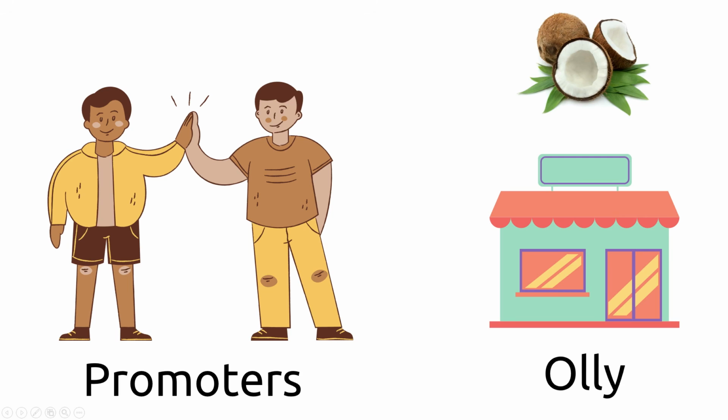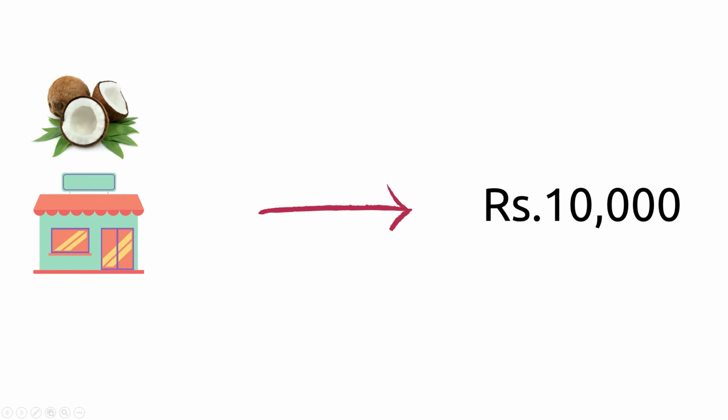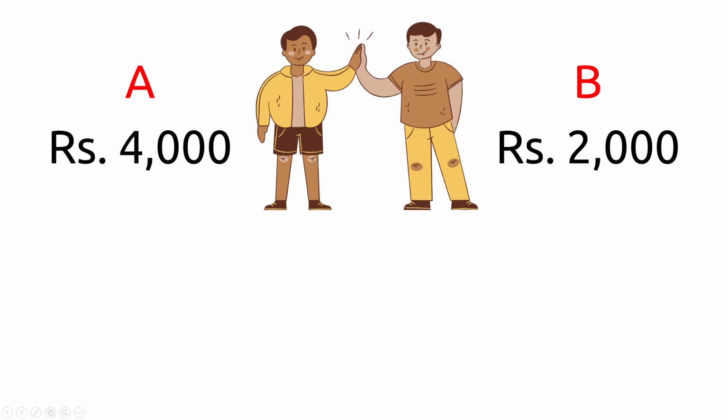To start the company, they know that they need 10,000 rupees. So person A or promoter A contributes 4,000 rupees for the company, and person B contributes 2,000 rupees.